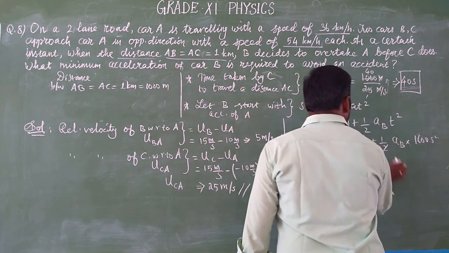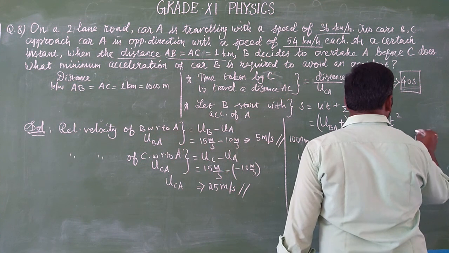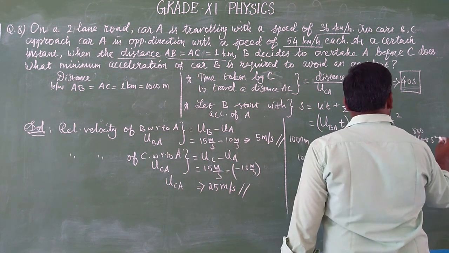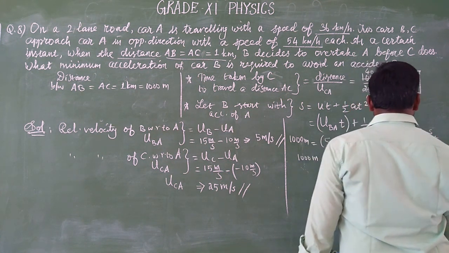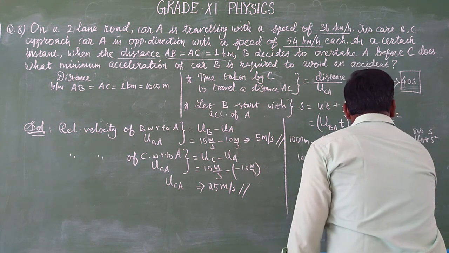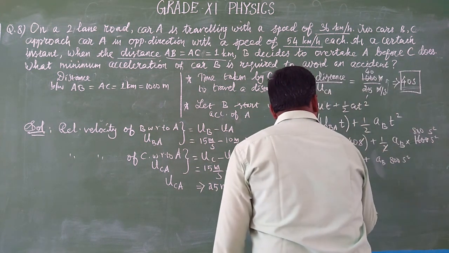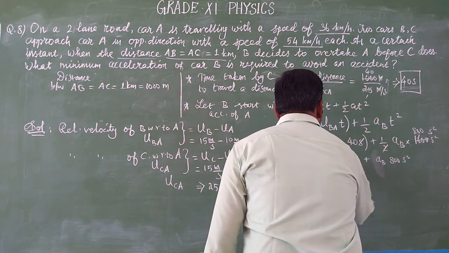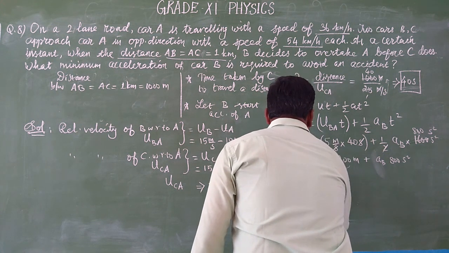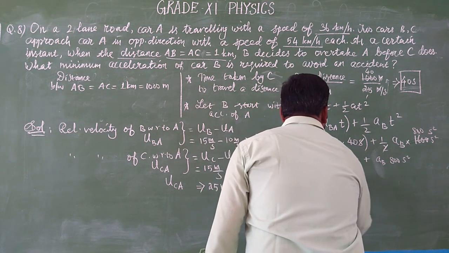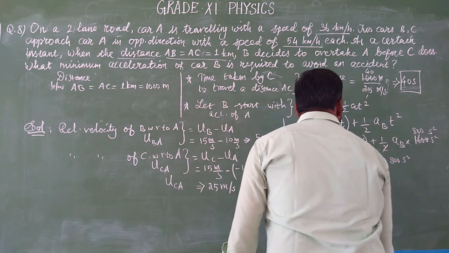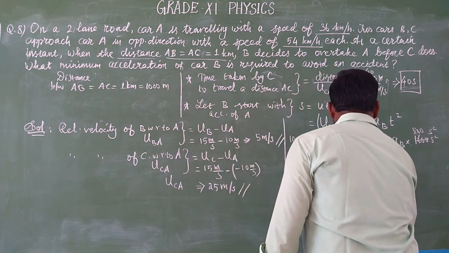We can cancel this now. So 1600 becomes 800 second square, acceleration of car B into 800 second square. Therefore, this minus 200 you transfer to that side. You'll get 800 meter is equal to 800 second square into acceleration.